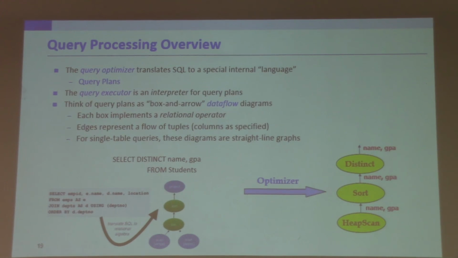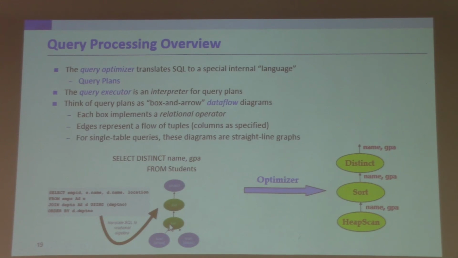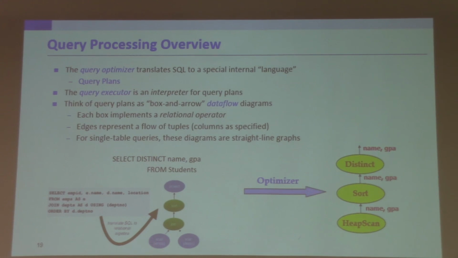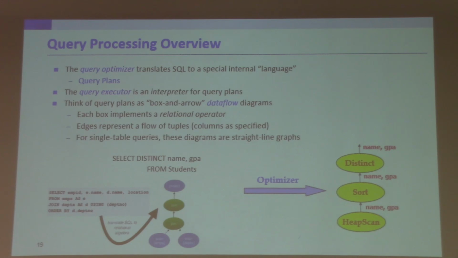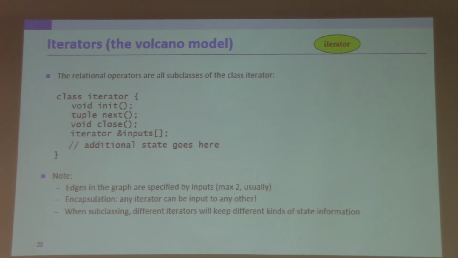Whereas in this case, this iterator right there, its input is composed of two other iterators. So it's simply an array of iterator interface. That's my input. You follow me? Okay. Now, once we understand this, let's understand what initialization, next and close are. Initialization is to initialize some initial state.